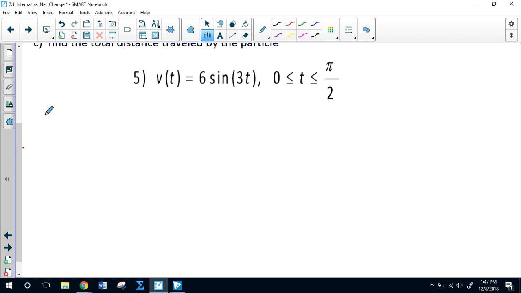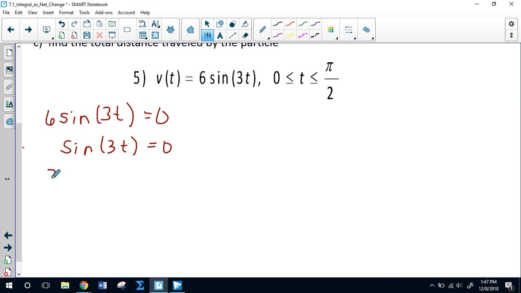But I am going to go over the trig because I know sometimes that's a problem for everyone. So this is the derivative. The derivative gets set equal to 0 to figure out where the particle's changing direction. So I get sine of 3t equals 0, and I need to know where sine equals 0. Well, sine equals 0 at 0 and pi.